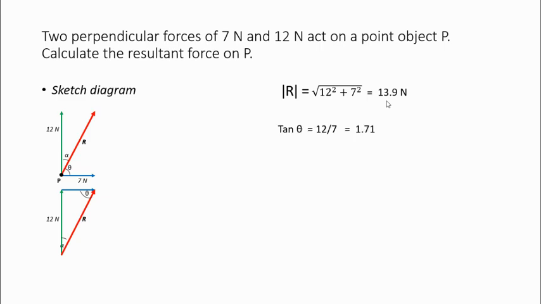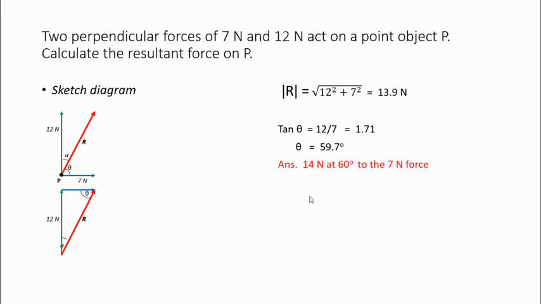The direction, if we're finding angle theta, then opposite to theta is 12 newtons, adjacent to theta is 7 newtons, so 12 over 7 gives us tan theta, and theta is 59.7 degrees.